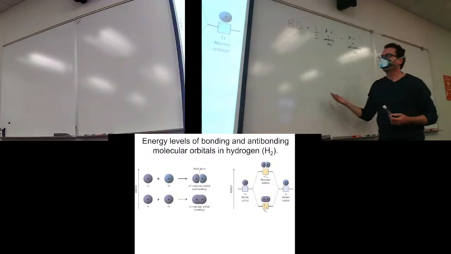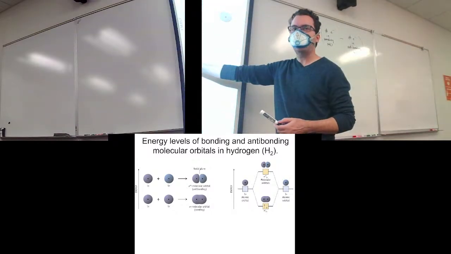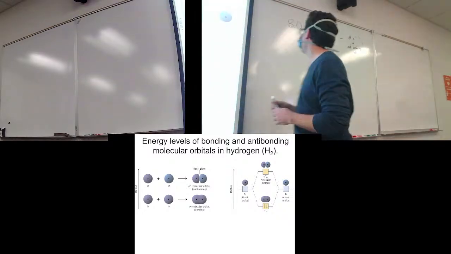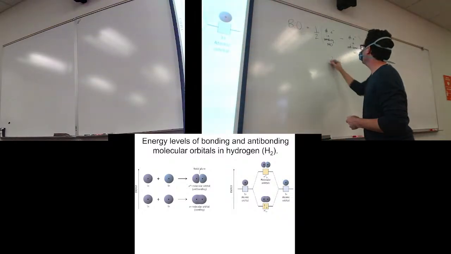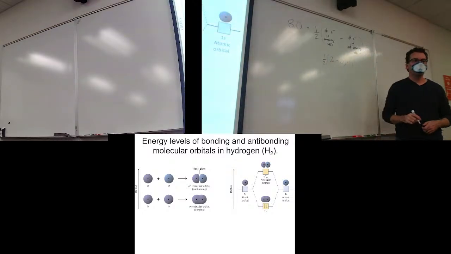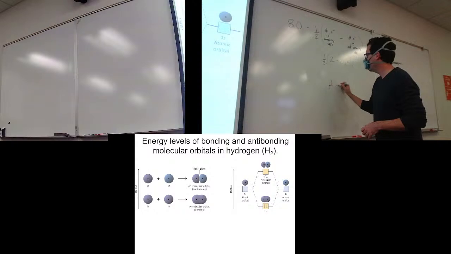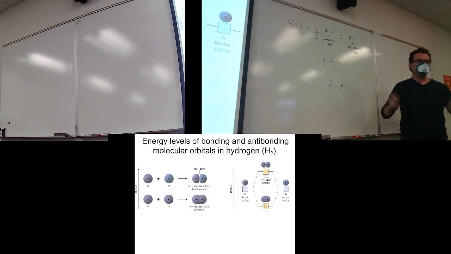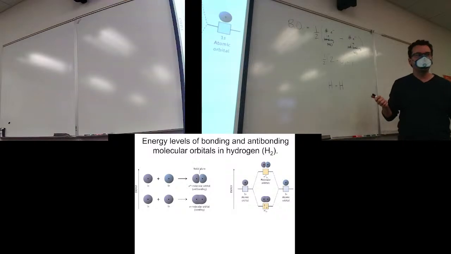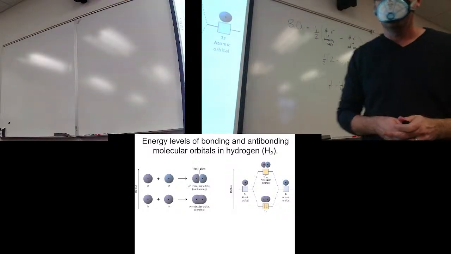That's bond order. So for hydrogen, two electrons in bonding MOs, no electrons in anti-bonding MOs, I get a bond order of 1. And you'd be like, yeah, no kidding. We already know that, because Lewis structures tell us that. So right now, we're not getting any advantage over Lewis structures. That is so much easier, which is true.